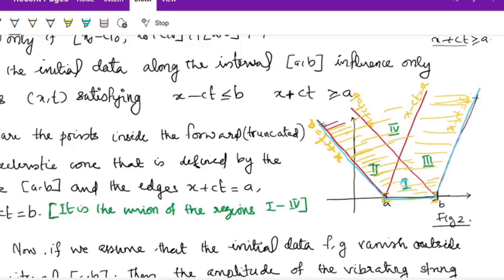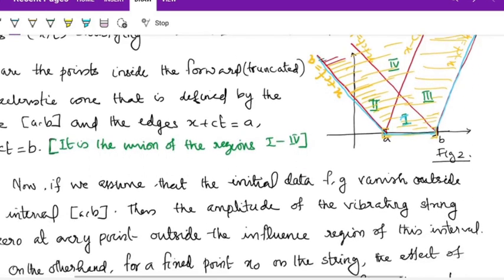Now let us check what happens if the initial data f and g vanish outside the closed interval AB. So if we assume that the initial data f and g, that means the values of f and g, are equal to 0 outside the closed interval AB, then the solution u of the vibrating string is 0 at every point outside the influence region of this interval.